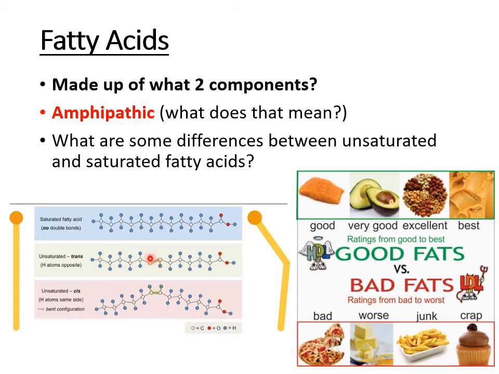You notice the trans configuration here versus the cis, same side, configuration here around the double bond. We'll talk later about what this means in terms of trans fats, saturated and unsaturated fats, and the healthy and unhealthy information. But for now, be aware of that difference.